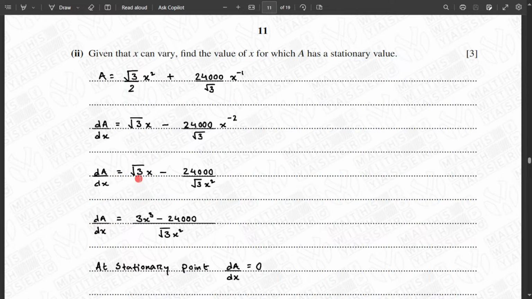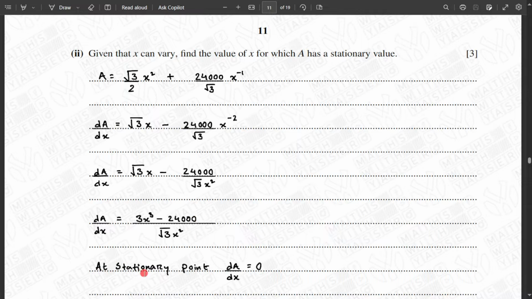So simplifying it, we can rewrite it as root 3 x minus 24,000 over root 3 x squared. So if we do LCM, we will get root 3 x squared in the denominator, and we need to multiply root 3 x squared with root 3 x since there is nothing in the denominator. So that will give you 3x cubed minus 24,000.